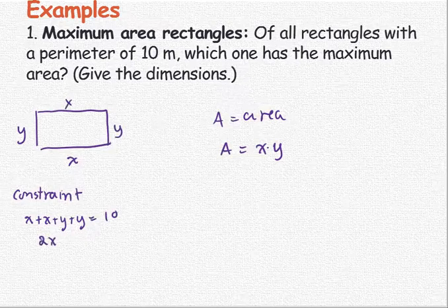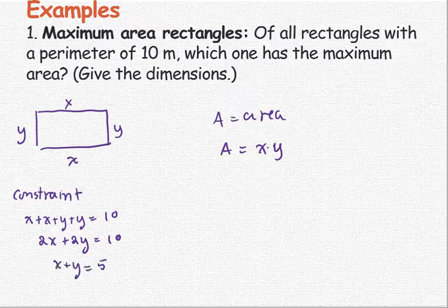We can write it as 2x plus 2y equals 10. The constraint function shows the relationship of the two variables, which are x and y. Simplify by dividing all terms by 2. We get x plus y equals 5.